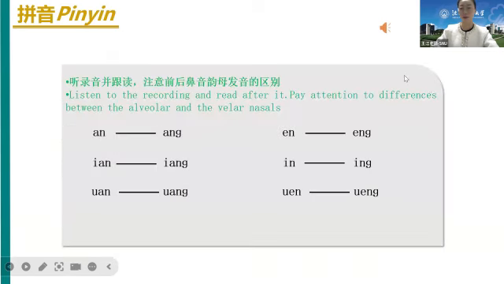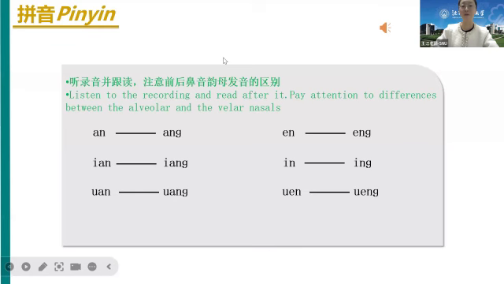So I will ask one of the students to read these finals. Ma'am, can I? Okay, so who is that? Okay. An, ang, Xiaomi, right? Please read it again. An, ang, an, an.